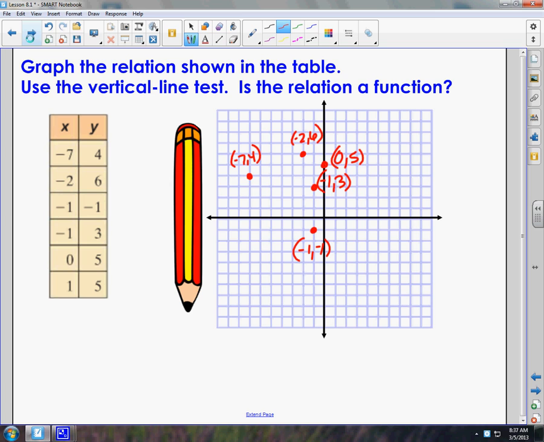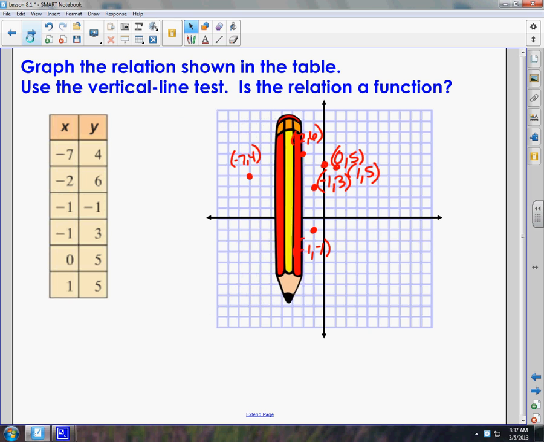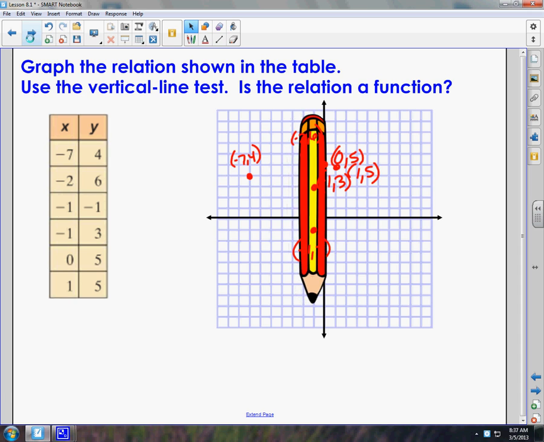And 1, 5. So I take my pencil and I move it across. Hits 1. It hit 1. Oh, right there, it hits 2. See in the yellow? It hits 2 dots at the same time, so I know that this is not a function.